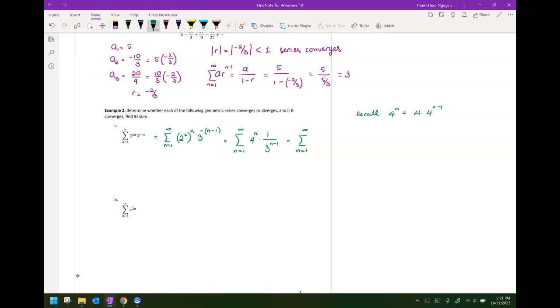So then this becomes 4 times 4/3 to the exponent n minus 1. So this is the geometric series with a equal to 4 and r equal to 4/3. Then r is greater than or equal to 1. This means this series diverges.